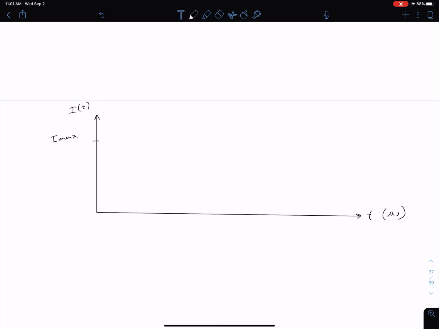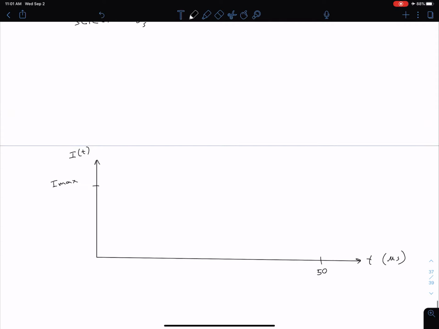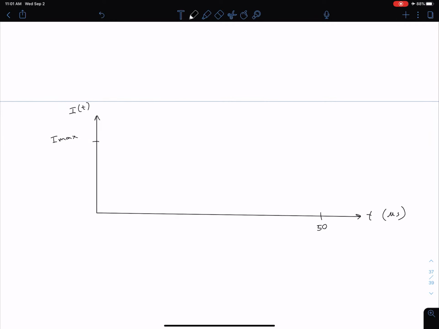Let's say we're going up to 50 because we know that is our period. So we're going up to 50 microseconds based on this TS. Roughly halfway in between there we have 25. Then let's say somewhere around here we have 6, and somewhere around here, say we have 37.